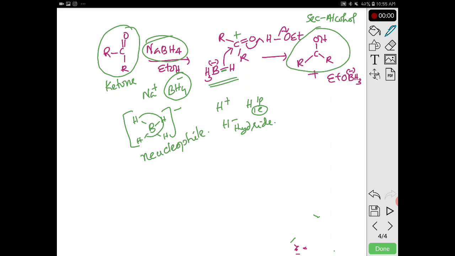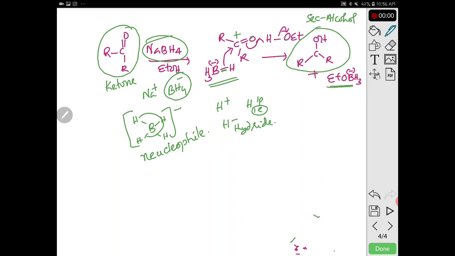It is electrophilic, so a nucleophile can attack the carbon atom, and at the same time this oxygen atom will become negative in charge and absorb a proton from ethanol, which is the solvent, and now you get a secondary alcohol. This ethoxide will combine with the electron-deficient BH3, and you get a species like this.